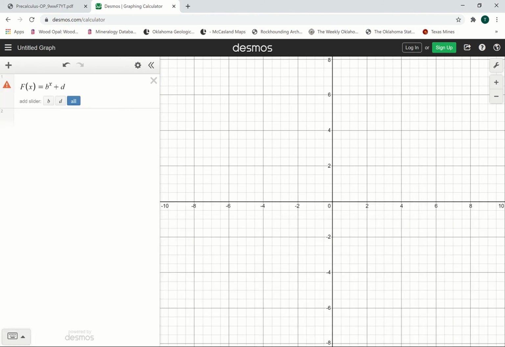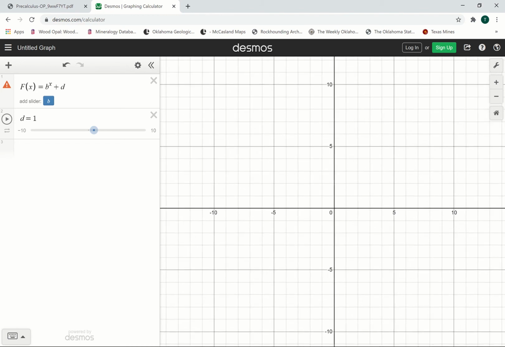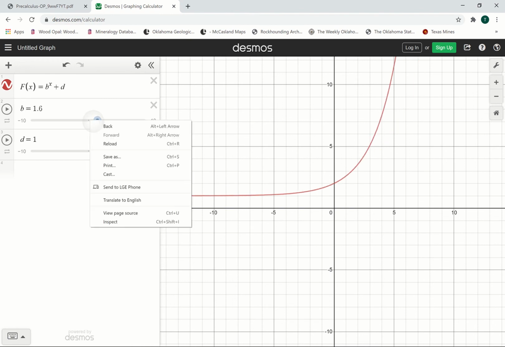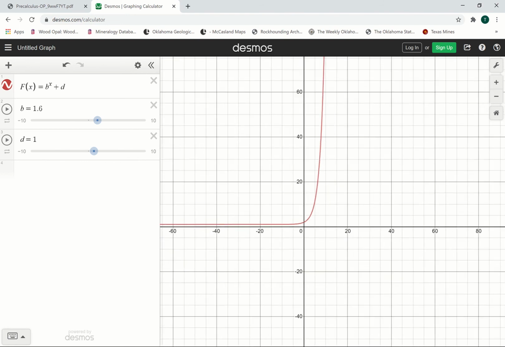We're going to make a slider for d. We'll go ahead and make a slider for b too. Our b can't be 1, so here we're just going to make a general b. I'm going to choose b to be 1.6, so it'll be exponential growth.